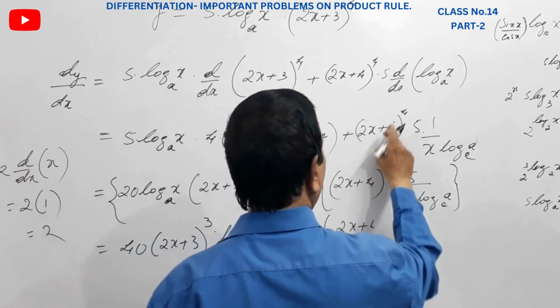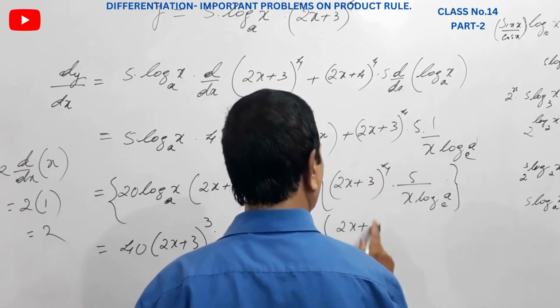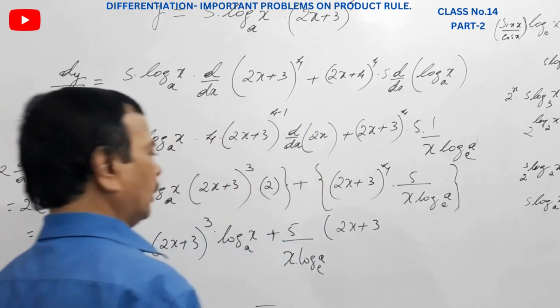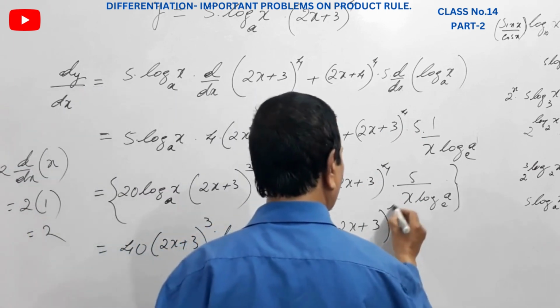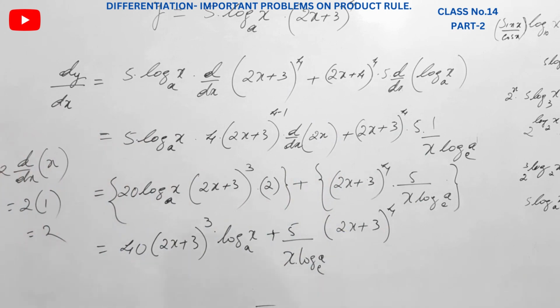Please make this as 3. Where have I put? Three whole to the power 4. This is the required answer.